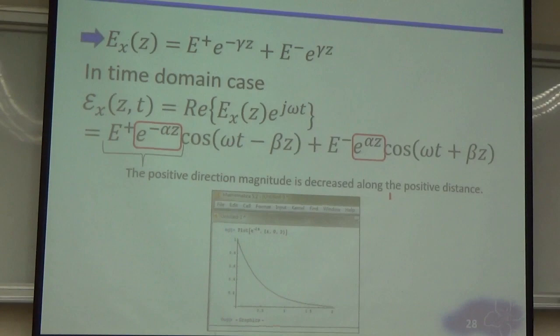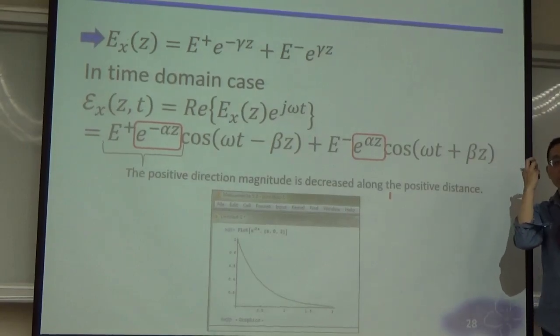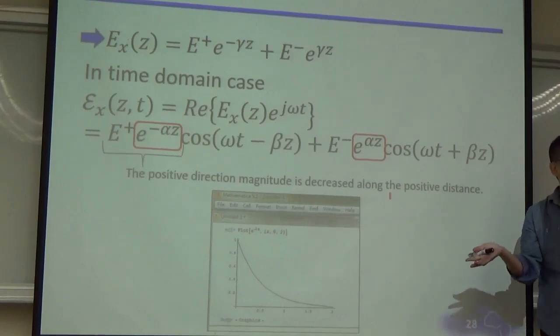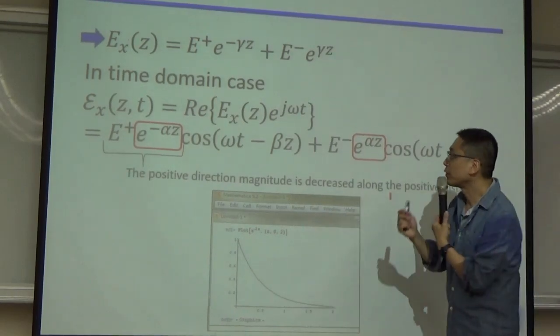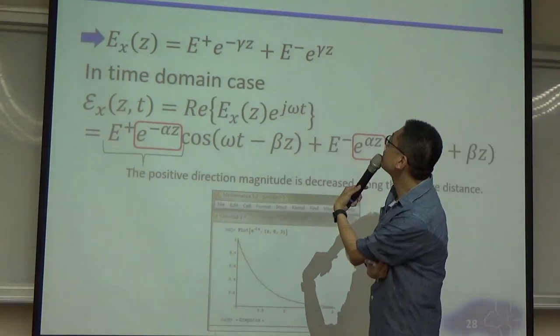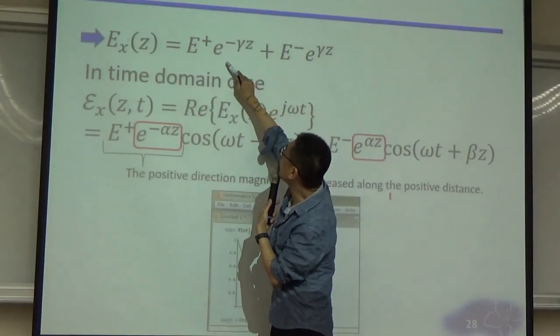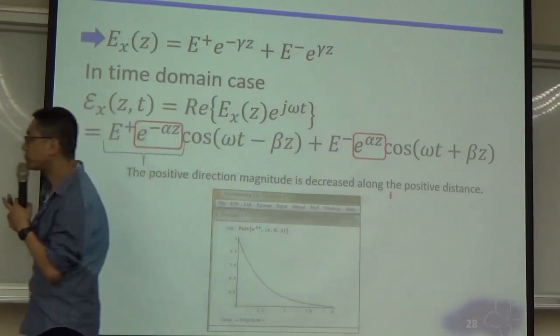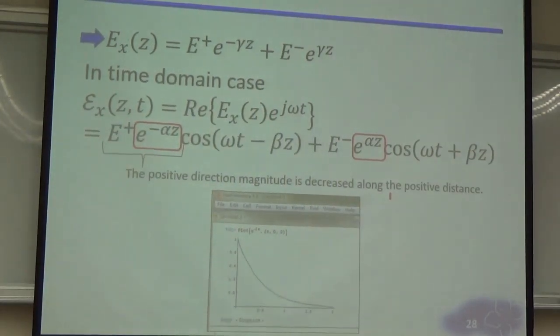And one more important thing to tell you here is, now you have the concept of the phasor form, right? What is the phasor form of this one? Let me write this term down.